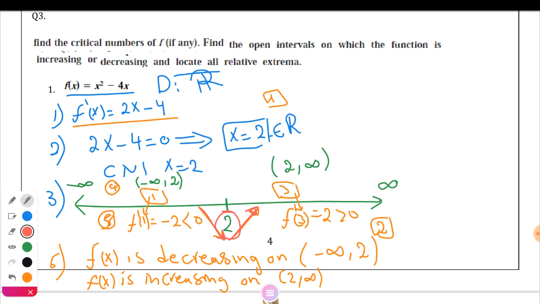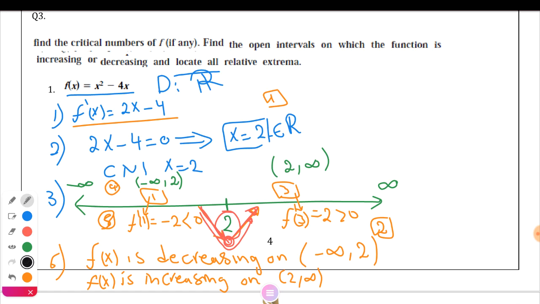Clear? Here the function is decreasing until it reaches the minimum value, then becomes increasing, at x equals 2. So in this case, the function has a relative minimum, not absolute, because I'm talking about the extrema on an open interval, on all of the domain, or real numbers, okay.